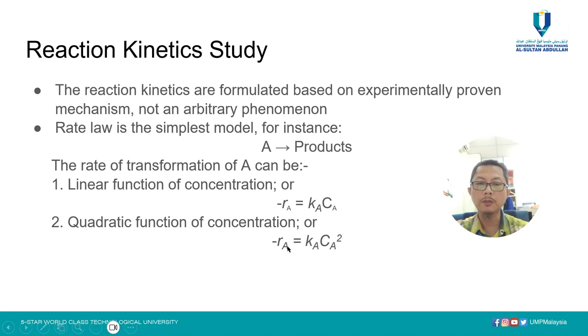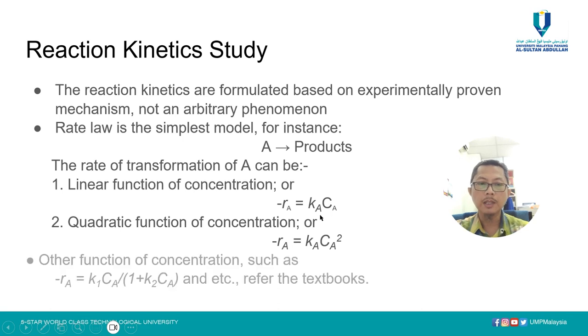So you can also have this rate law for this reaction. Other than the power equation, you can also have other models of equation, for example Langmuir-Hinshelwood. There are a number of models used to express the reaction kinetics for reactor design. So this is called Langmuir-Hinshelwood.